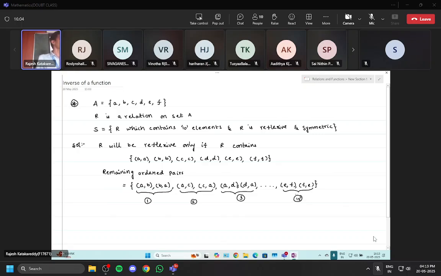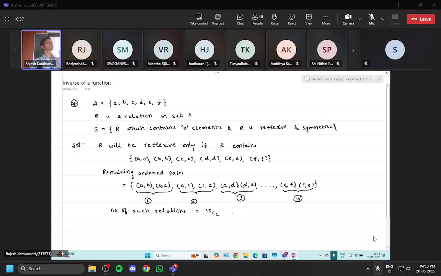There are 15 different pairs. Out of these 15 different pairs, I need to take any 2, that is 15C2. The number of such relations will be equal to 15C2.